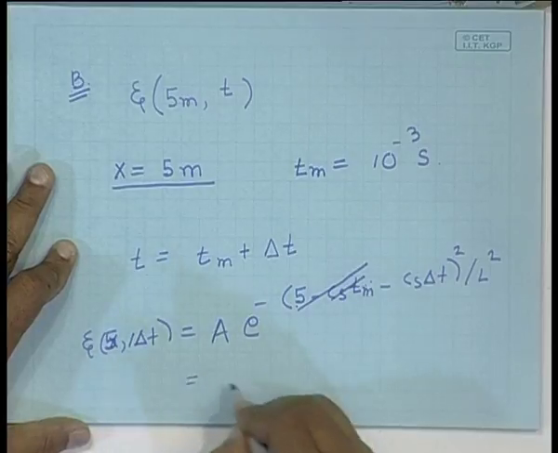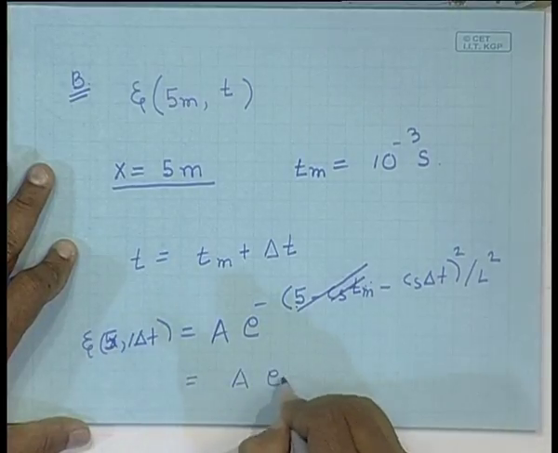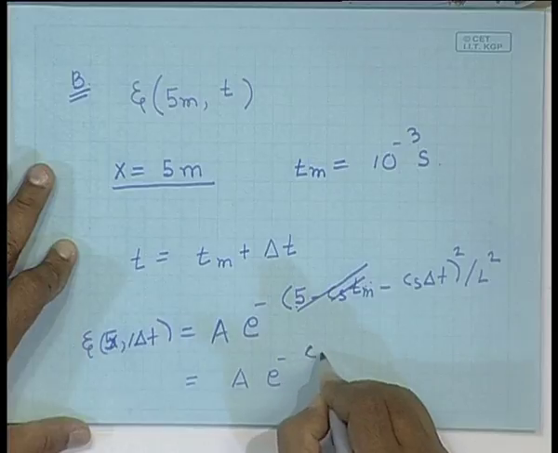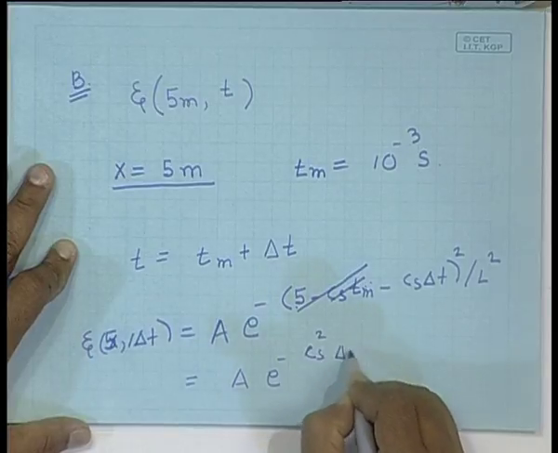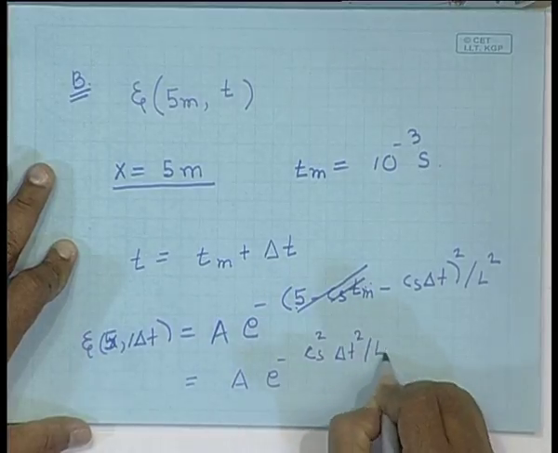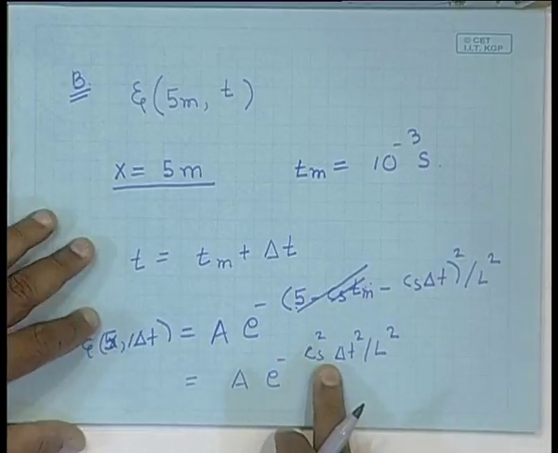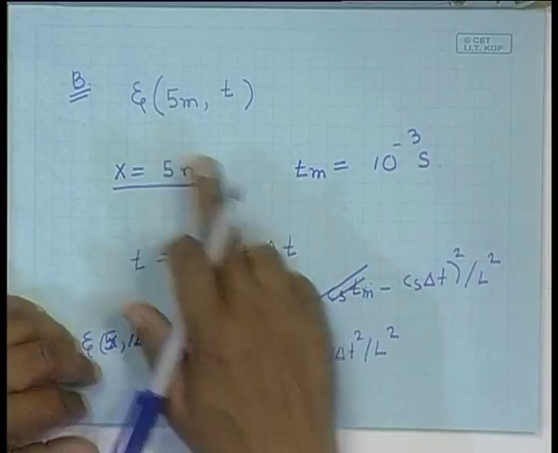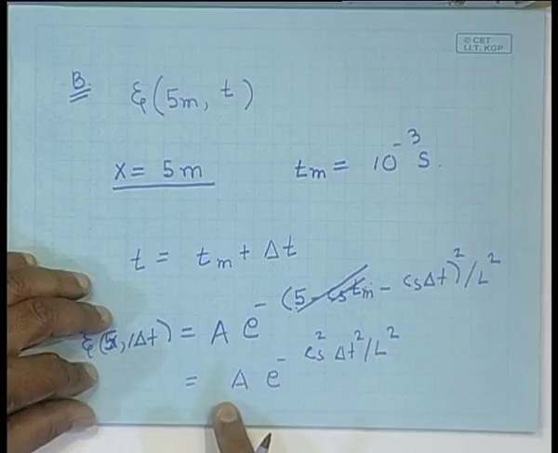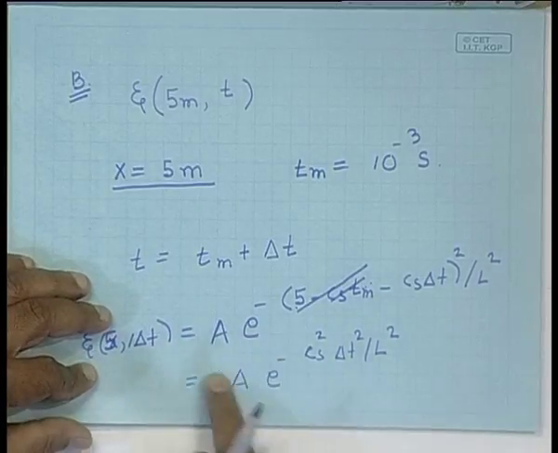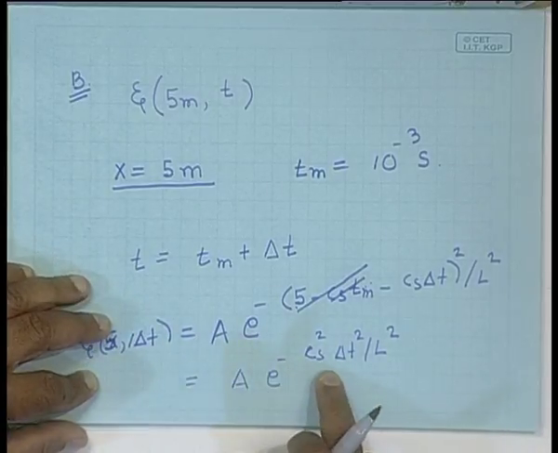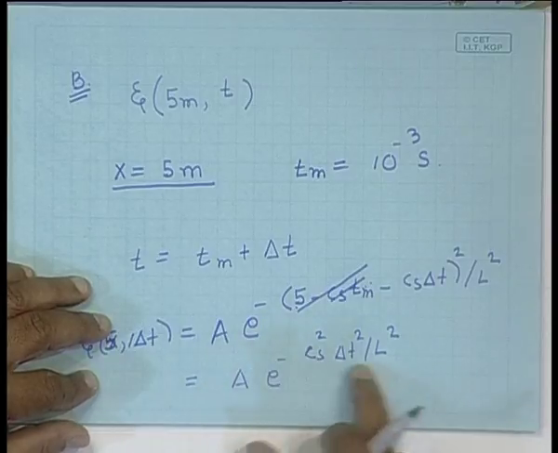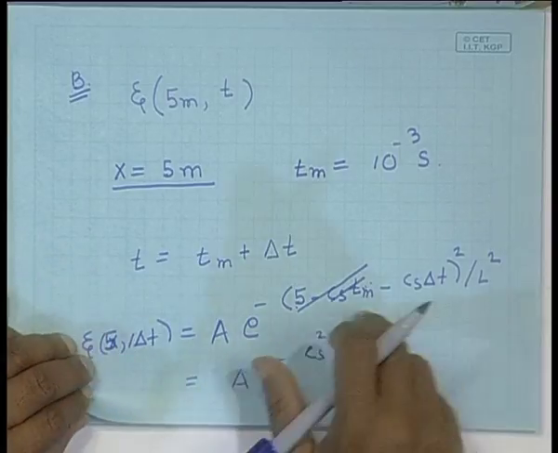So, what we see is that xi is a e to the power minus Cs squared delta t squared divided by L squared. So, as you move away from the time when the displacement is maximum, the displacement falls off like a Gaussian, e to the power minus proportional with some constant of proportionality to delta t squared.